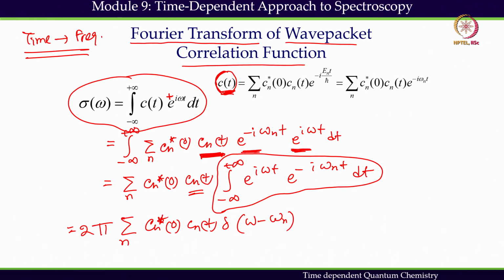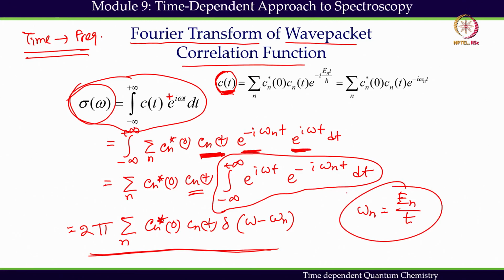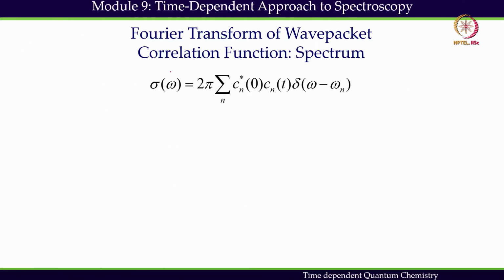So what we see is that sigma omega, which represents the Fourier transform of the correlation function, is given by this, where omega n is nothing but En by h cut, and En is the eigenstate energy. This Fourier transform of the correlation function gives me a spectrum. Why is this representing a spectrum?